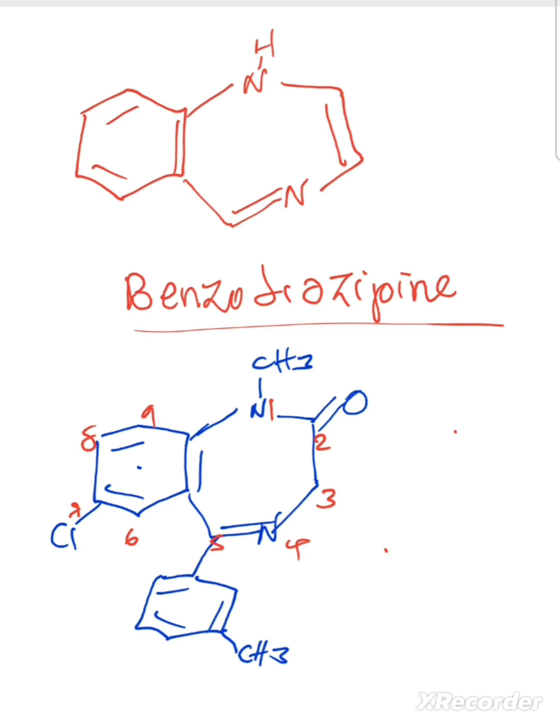We are going to say, okay, this is benzodiazepine. So benzodiazepine, the way we name it, we're going to follow the alphabetical order. This is a phenyl, this is methyl and chloro. Which one starts first? It's C, chloro. So it will be 7-chloro, like this. Then you're going to say the methyl is on position 1, so 1-methyl.